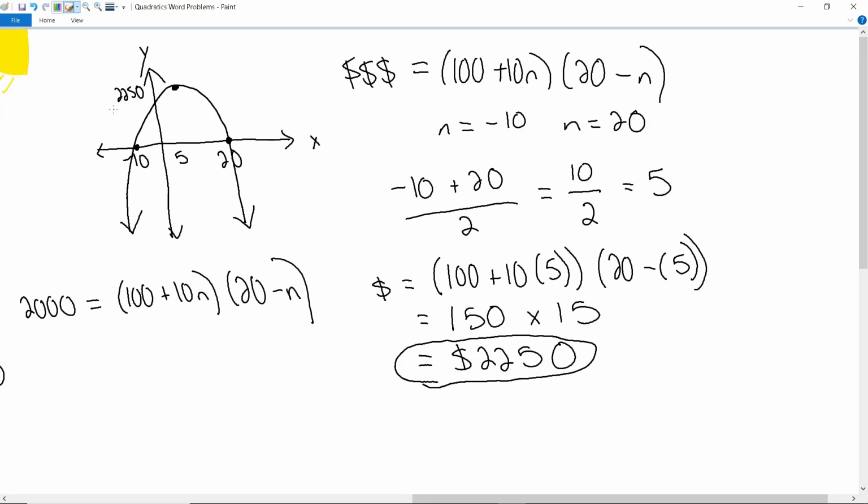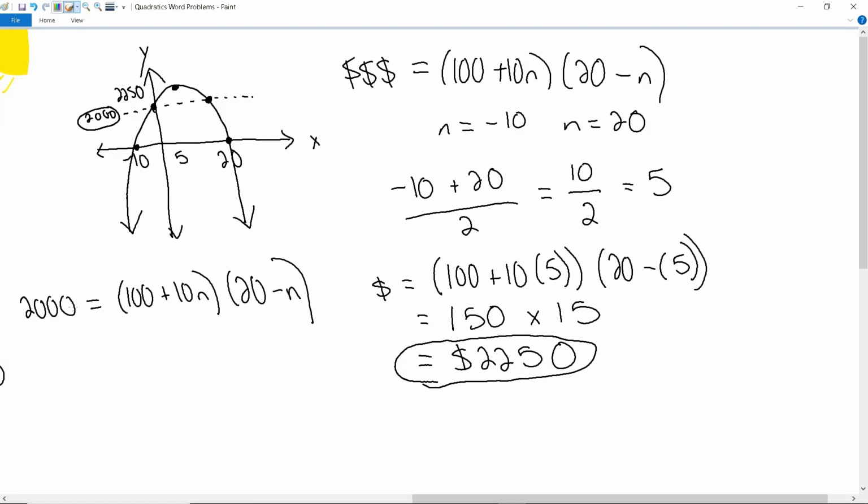I'm going to label this point right here as 2,000. We're basically raising the floor of our x-axis. And we're saying, okay, when I set the quadratic equal to this value, where are the 2 points that make that value true?